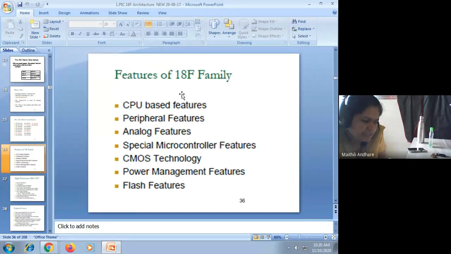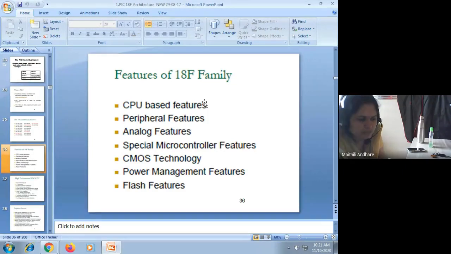We studied the features of the 8051 microcontroller, only 6 to 7 major features. Now the PIC 18F features are categorized under different categories, and there are only six to seven categories. They are CPU based features, peripheral based features, analog features, special microcontroller features, CMOS technology, power management features, and flash features. By that category, the PIC microcontroller has specific features.